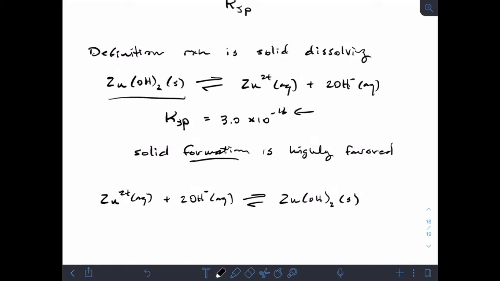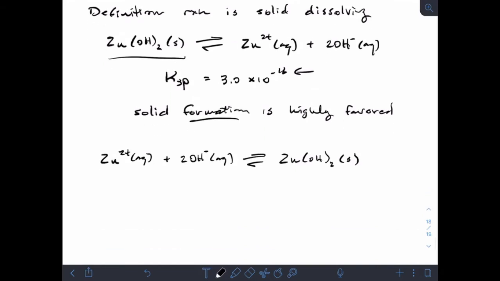Remember what happens when we reverse a reaction, we take the inverse of K. So the K for this reaction is 1 over Ksp, which equals 3.3 times 10 to the 15. Okay, highly favored. Right, so when you put zinc ions and hydroxide ions together in solution, they are going to make a solid, right? Because that solid formation is highly favored by the constant.